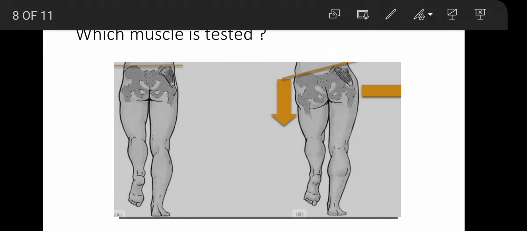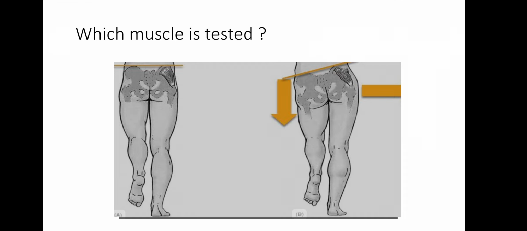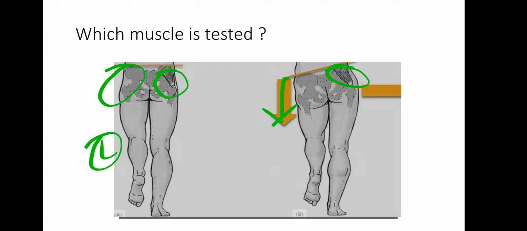You can see in this picture that the left leg of this person is lifted off the ground, and the right side gluteus medius and minimus supports the left side of the pelvis from dropping. When it is paralyzed, the left side of the pelvis drops. So which muscle is tested?